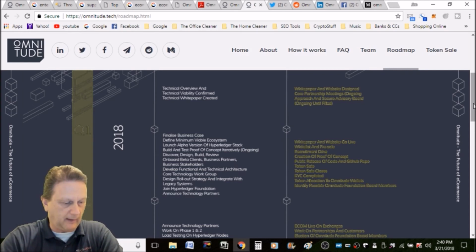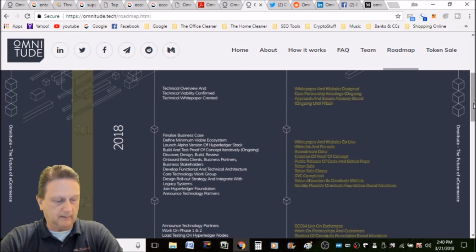So it's not completely outrageous. It's a good amount. And they're estimating that there will be about 55 million circulating supply. There will be a token burn after the ICO is complete, and the estimated market cap is between 27 and 28 million.